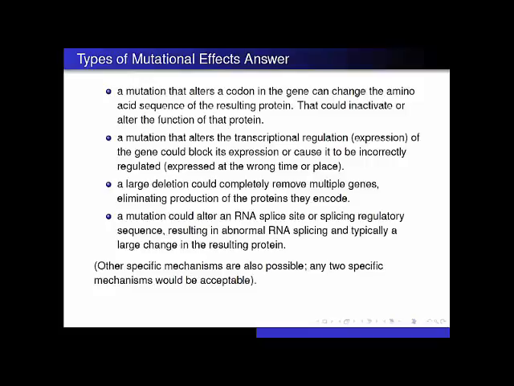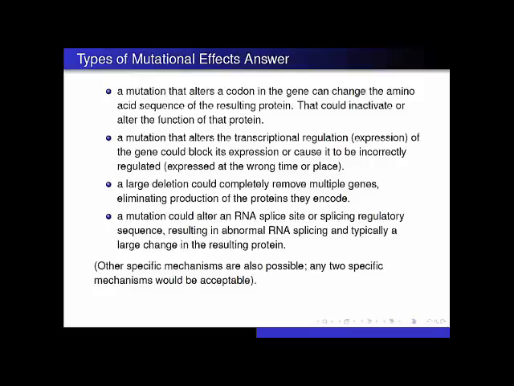Another would be the transcription of the gene from DNA to RNA. That could be affected, right? There are different aspects of the DNA that also regulate the copying of the DNA to the RNA.